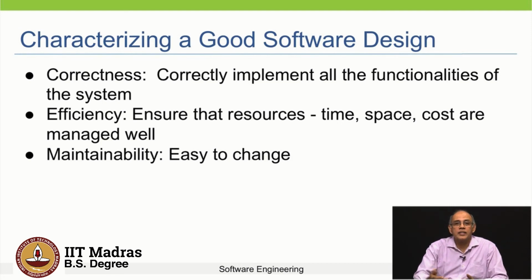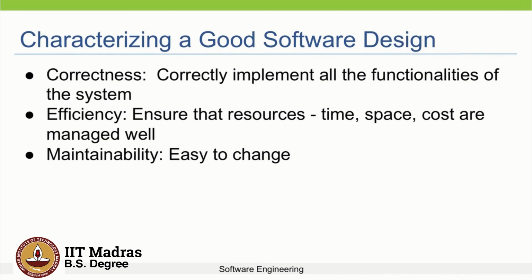Sometimes we want to upgrade the product. In all these cases, we do not want to redesign the entire software from scratch. So it is important to ensure that the design is maintainable. That means that we can make these changes in the existing design and the existing code itself without too much effort.